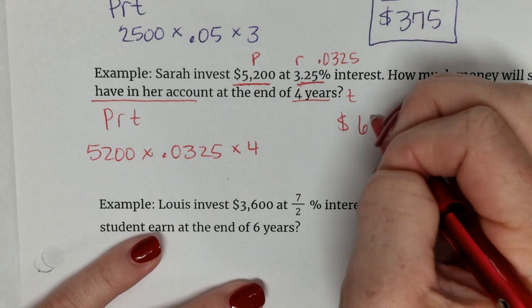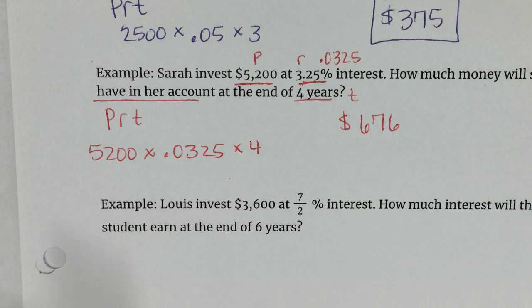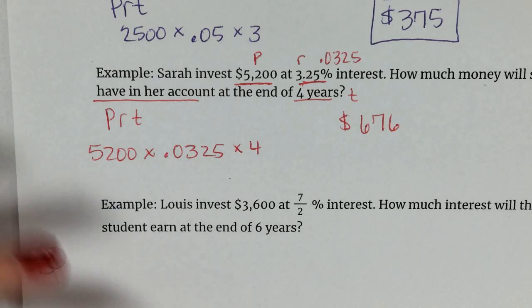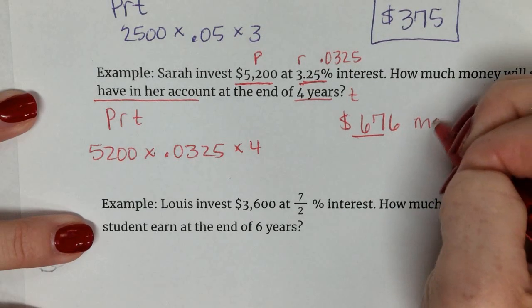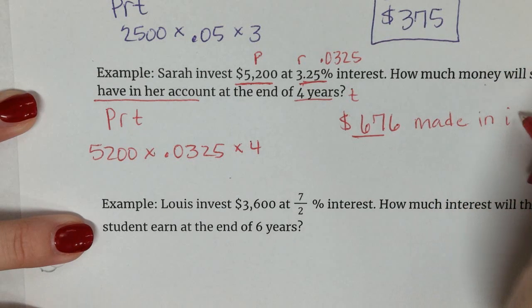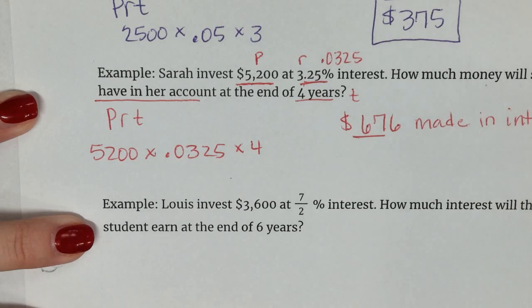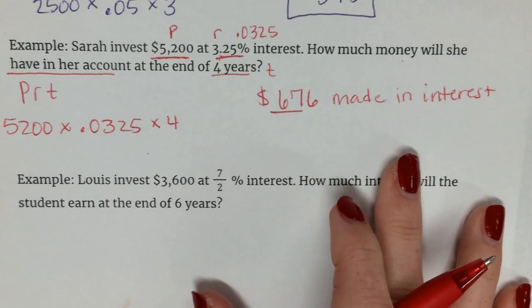That is not how much money she has. She can't start with $5,200 and invest it, not touch it, and come back and only have $676. Somebody would have stolen money from her. Okay? This is how much money she made in interest. It is not how much money she has total.